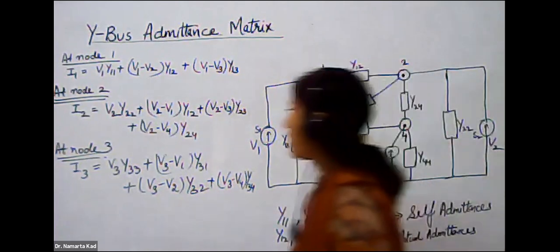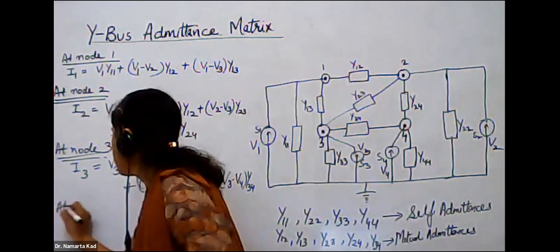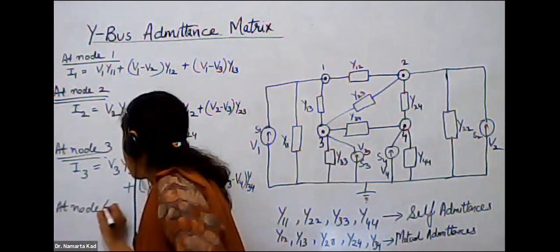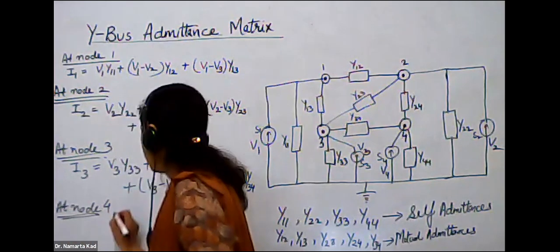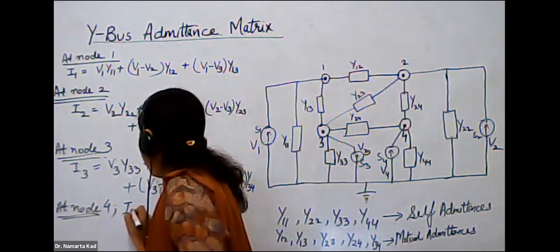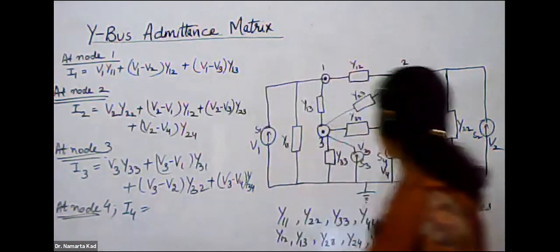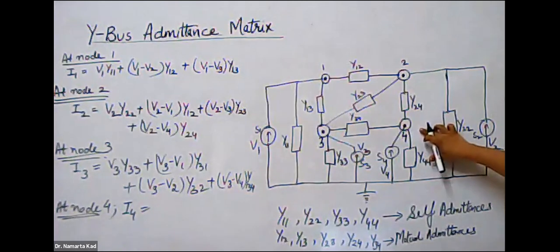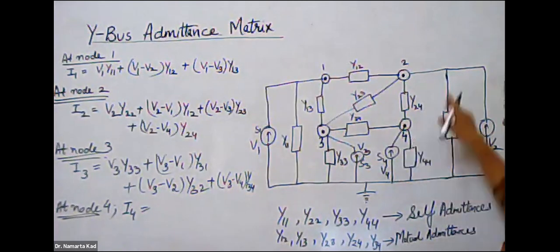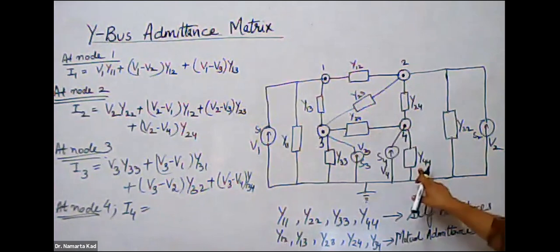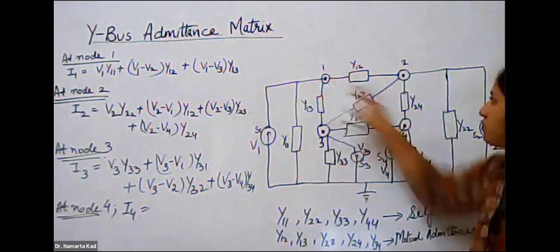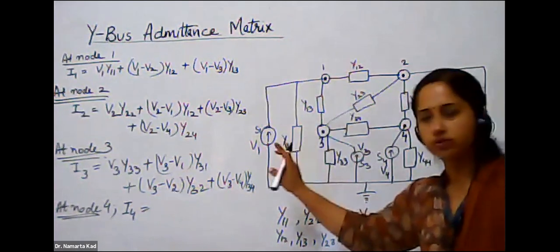And finally, at node 4, I4 is equal to, on node 4, the admittances that are connected are 1, 2 and 3. There is no connection between 1 and 4.